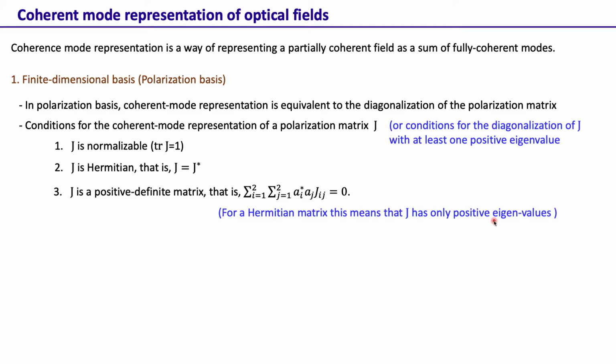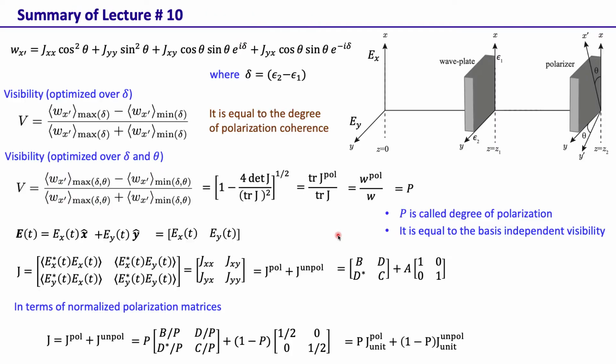An intuitive way of seeing this is that when we write the polarization matrix, the eigenvalues of any matrix represent, if we go back to this representation, how we represent the polarization matrix.